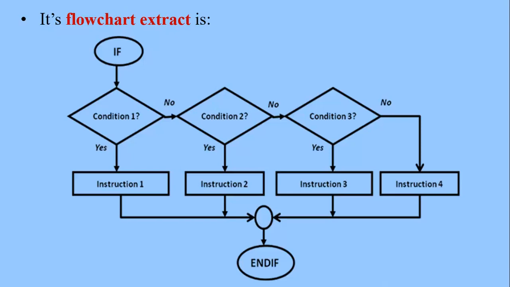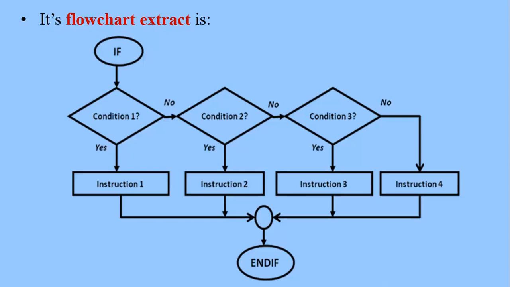If condition 2 evaluates to true, execute instruction 2 and end that portion of the check. Otherwise, if condition 2 evaluates to false, check condition 3. If condition 3 evaluates to true, to yes, execute instruction 3 and end that part of the program.